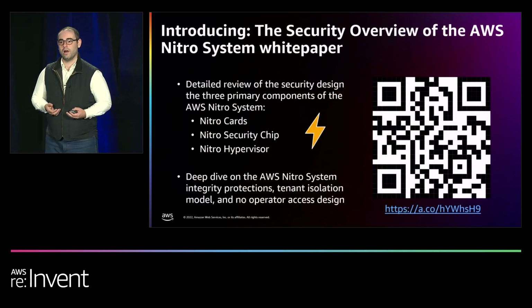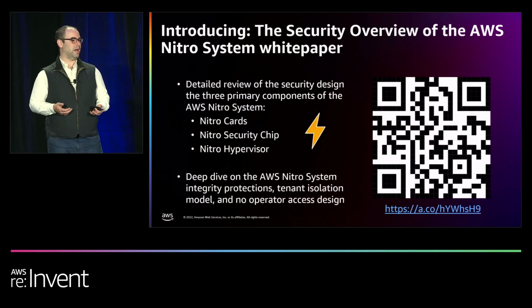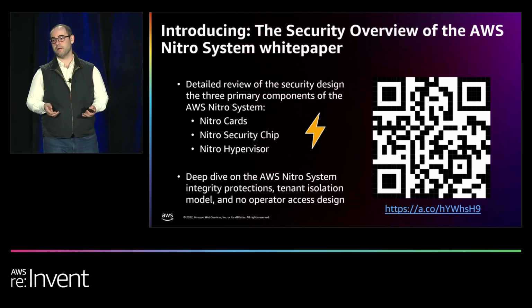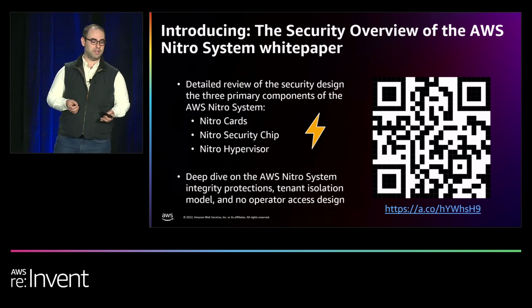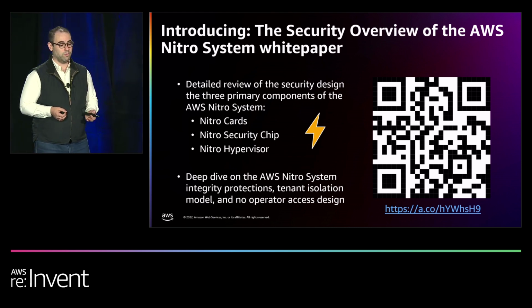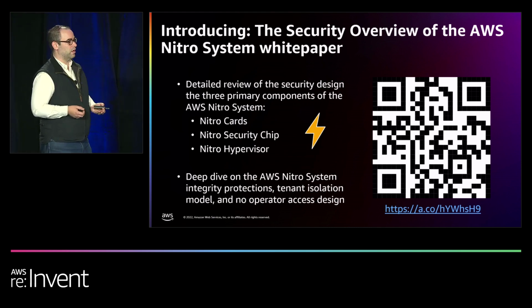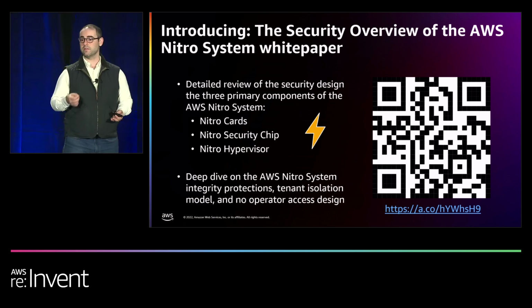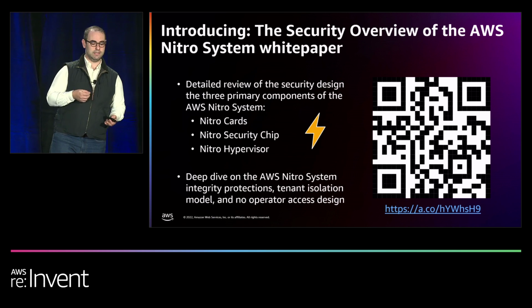So we don't have time, perhaps, to go as deep into this topic as some might like. I'm very pleased, however, to be able to introduce and share with you today that a few days ago we published a deep dive white paper describing in depth the AWS Nitro system and its security design.